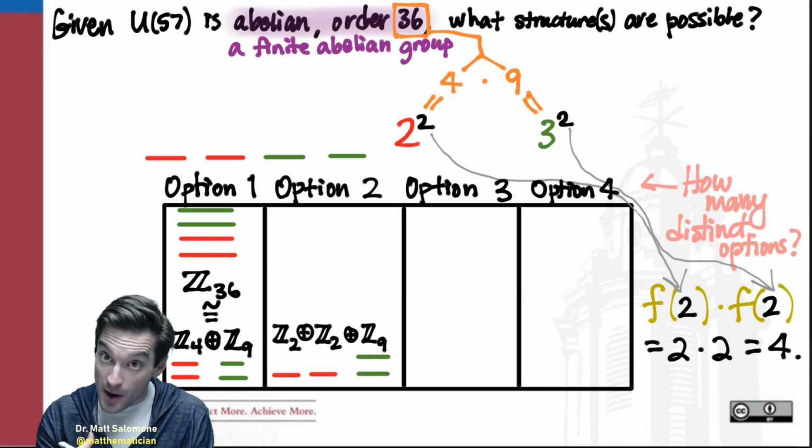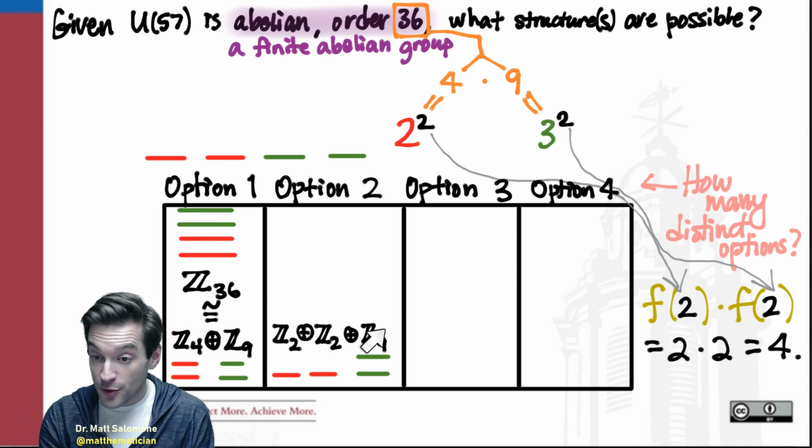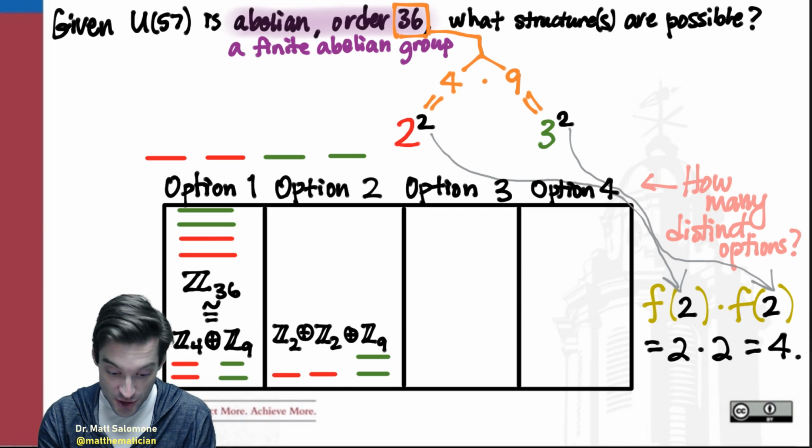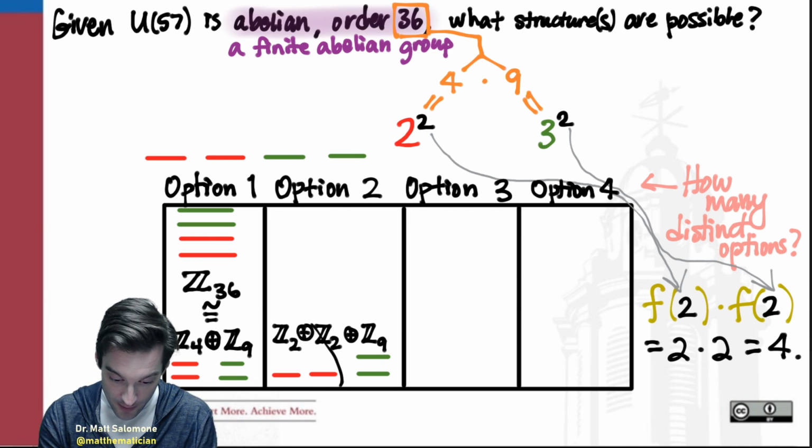But of course, if I wanted a simpler way of understanding what this group was, I could try and make as big of a stack as I can to give me as few factors in my direct product as possible. And the way to do that with a legal stack it move, remember, would be to take one of these red chips, stack it on top of the green chips, and give me, again, because that's a legal move in stack it, an isomorphic group to the one that we had there.